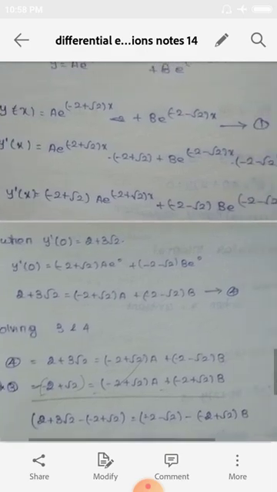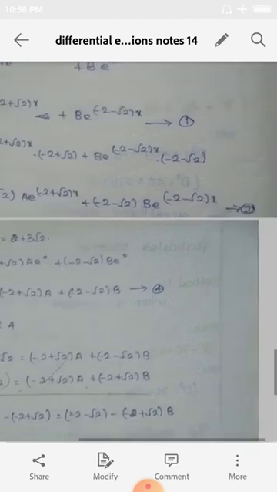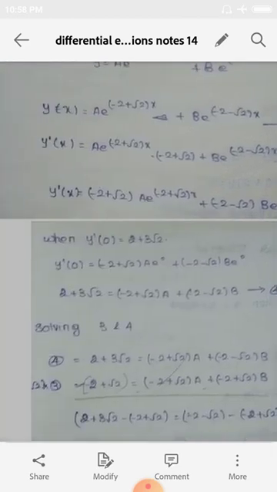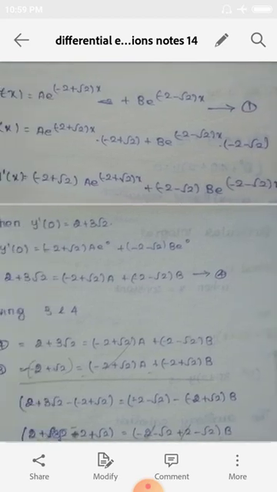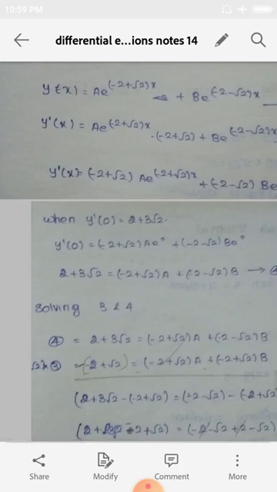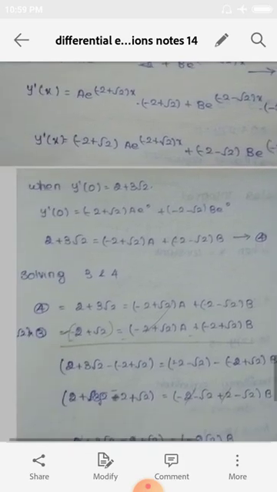So here the equation number 3 is missing, girls. So first we have to write y of 0. So put x is equal to 0 and find the third equation, and put x is equal to 0 and find the fourth equation. That is 2 plus 3 root 2. We get the third equation and fourth equation.